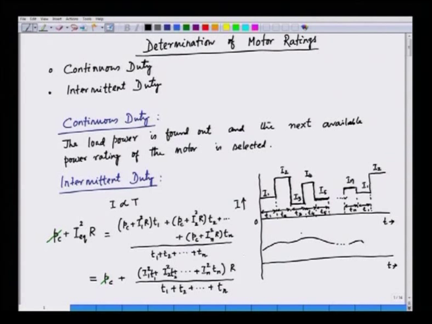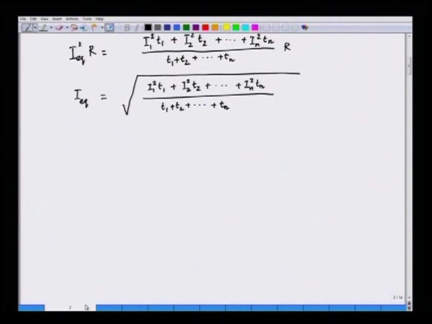So this is the nature of the current variation. Let us say this is I, small i. It is continuous, but it is periodic. After some interval, up to this point, we have a time period, and then the same thing repeats.